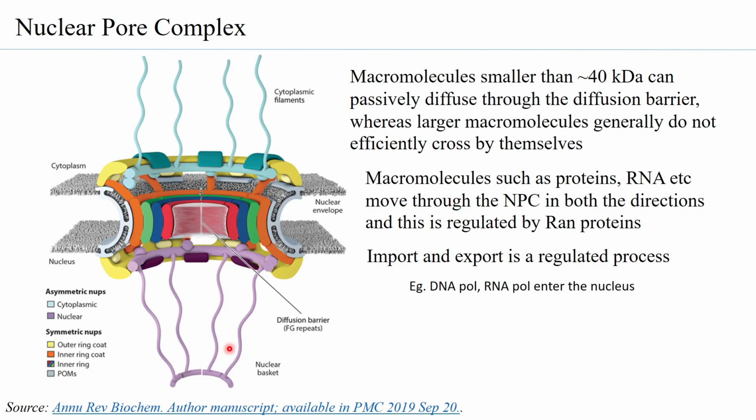Because in eukaryotes, we know that translation happens in the cytoplasm, because all the ribosomes that carry out the translation are present in the cytosol. So those proteins are formed in the cytosol, but they have to be imported by the nucleus in order that a particular function is carried out. Now please remember, replication is not the only process that happens inside the nucleus.